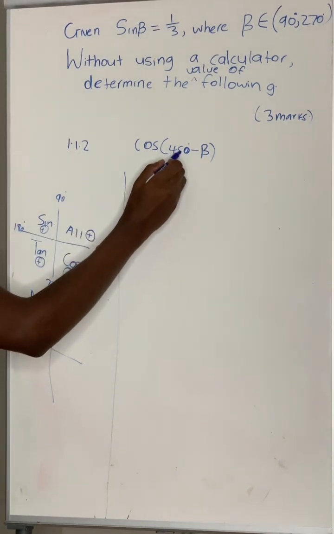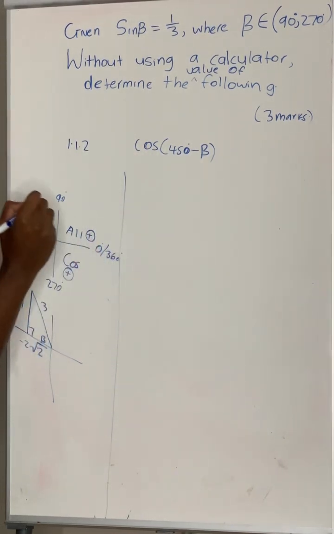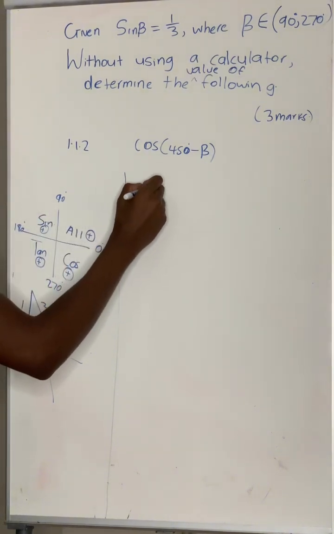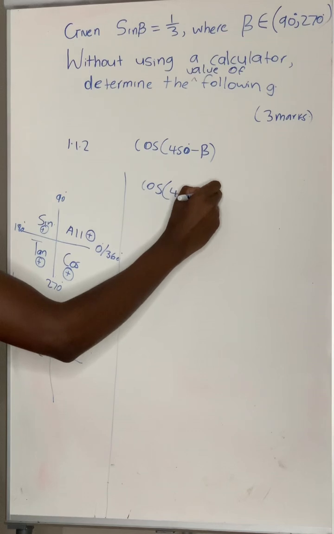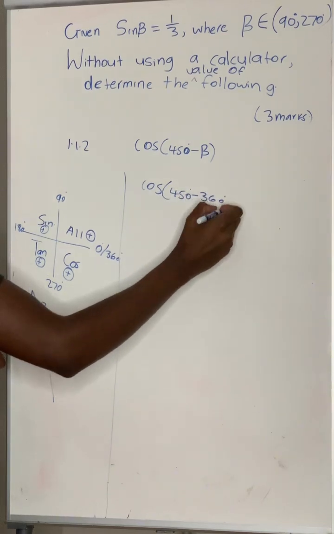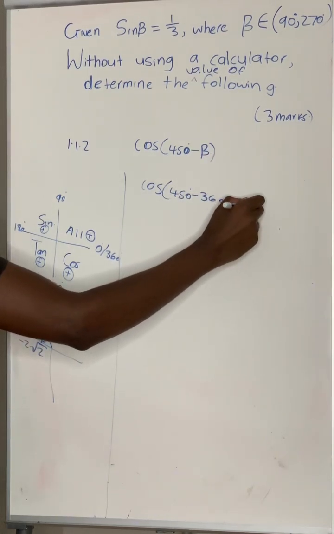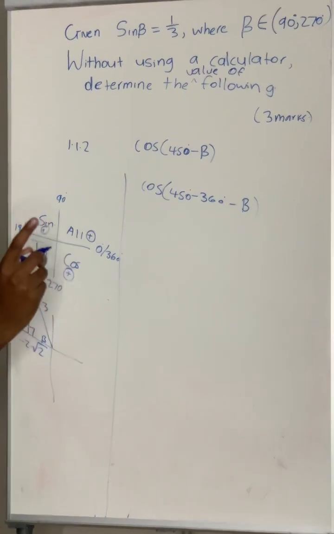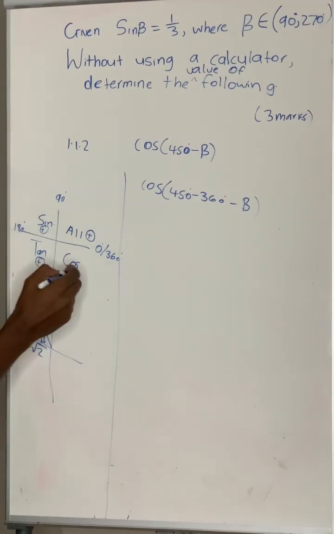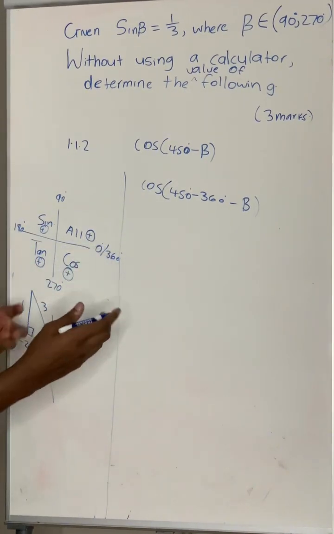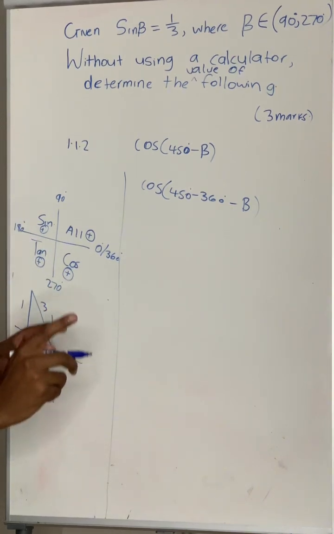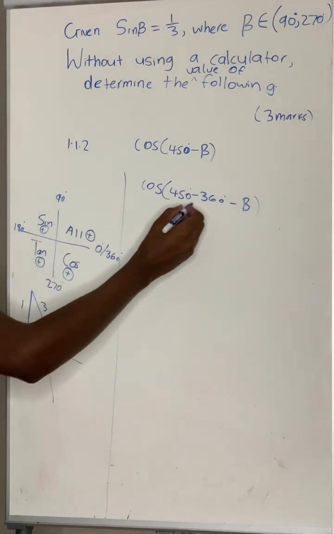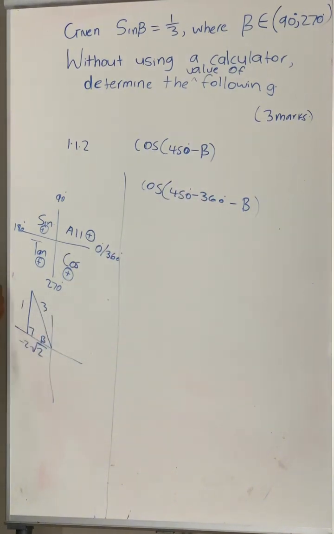Whenever you're given an angle which is above 360 degrees, you go to that compound angle and subtract 360 degrees and then minus this beta, okay? And when you are given an angle which is below 0 degrees or which is negative, you should add 360. When it's above 360, you subtract 360. When it's below 0, you add 360.